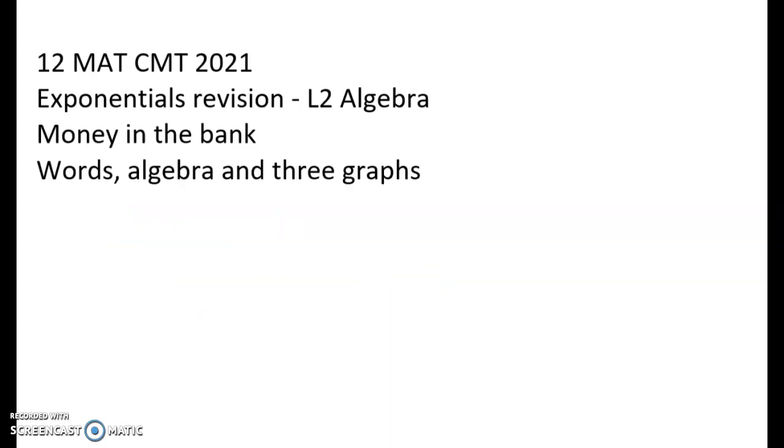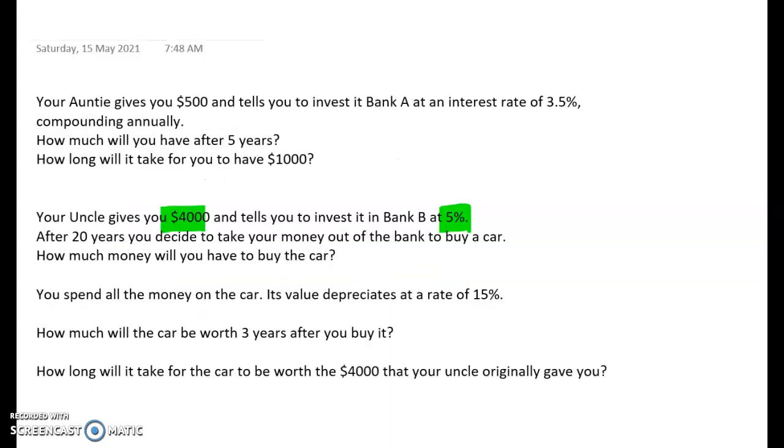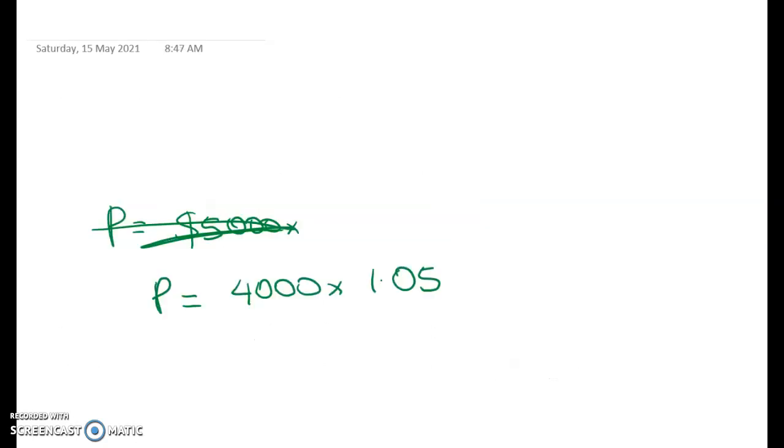We were asked to look at what it's worth after 20 years, because that's when you decide to take the money out. So it's going to be times 1.05 to the power of 20. That gives us $10,613.19. And we assume that he finds a car for exactly that amount of money.